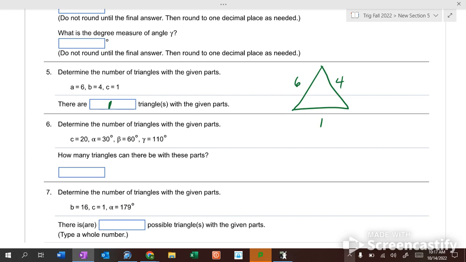Determine the number of triangles like this. Well, if you draw it out, and you got 110 up here, 30 here, and 60 here, how many triangles can you have like that?